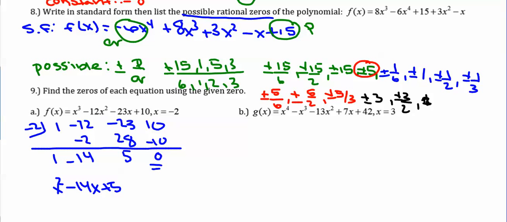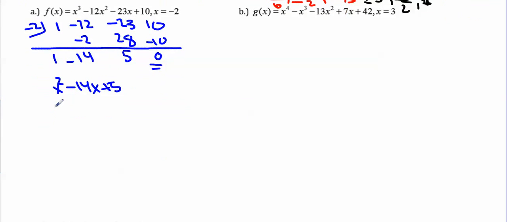So now think to yourself, well, can I factor this? Let's see, two numbers that multiply to give me 5 and add to give me -14. No, I do not. So then I have to use a quadratic formula. So my a value is 1, my b value is negative 14, and my c value is 5.